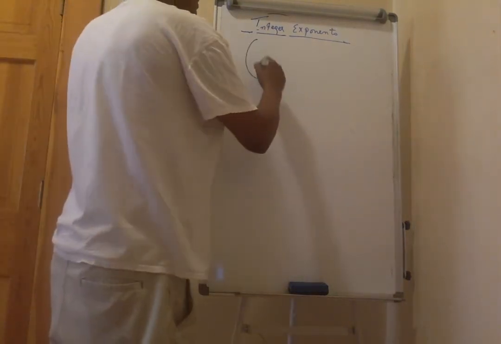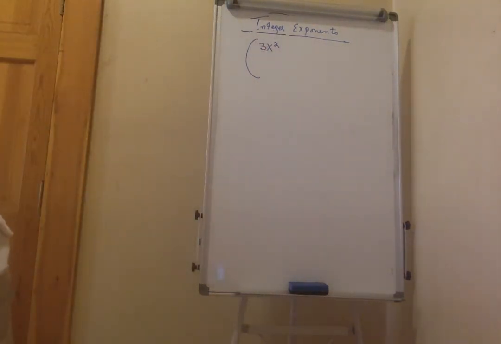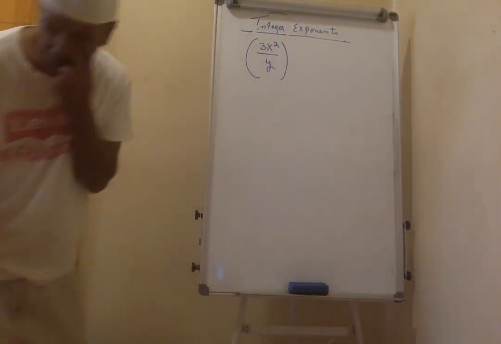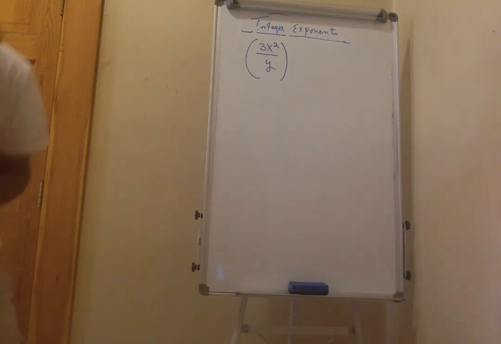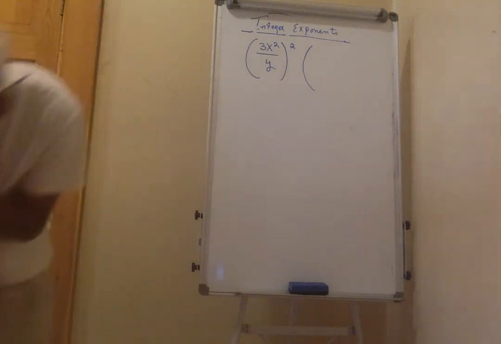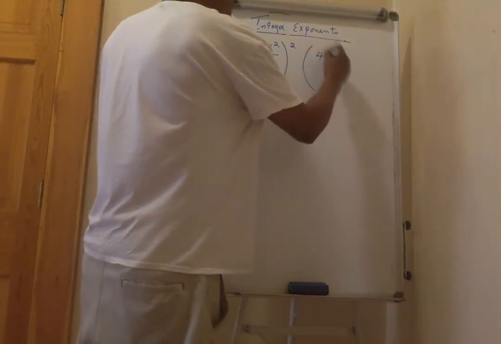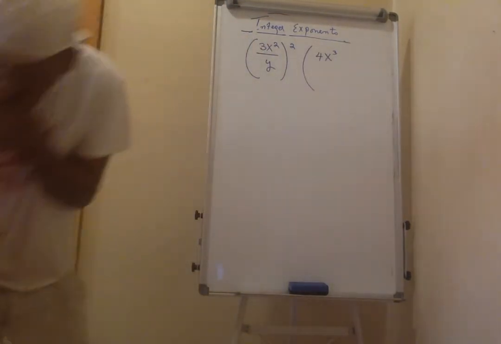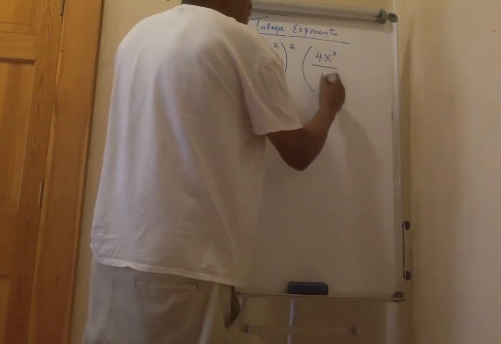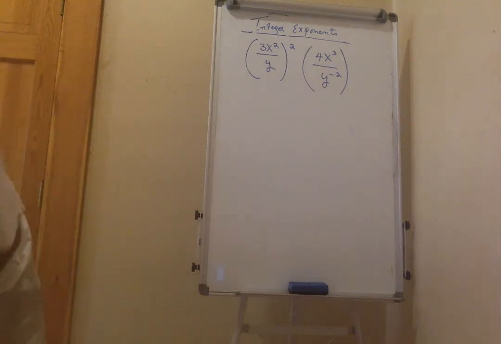You have 3x squared over y to the second, all squared, and then you have 4x to the third over y to the negative 2, all to the negative 1.